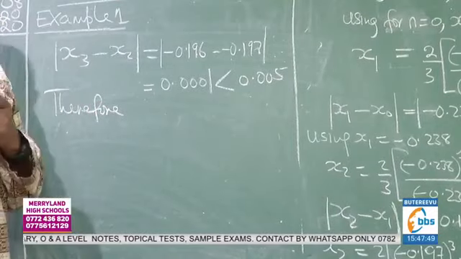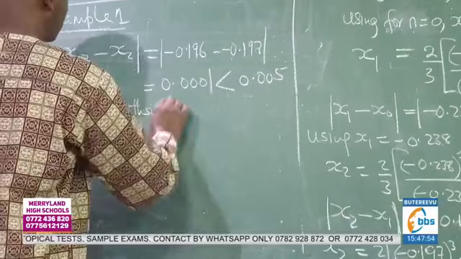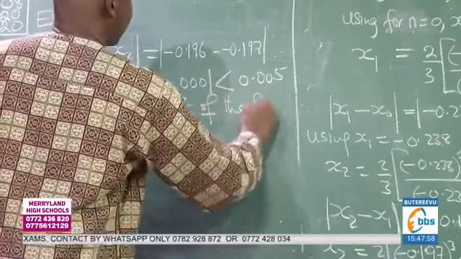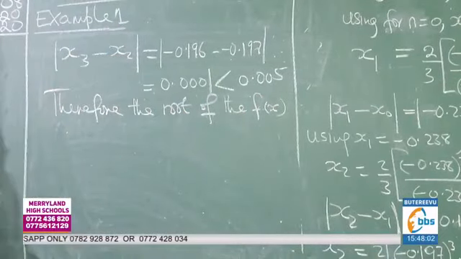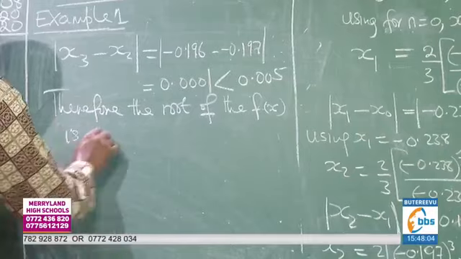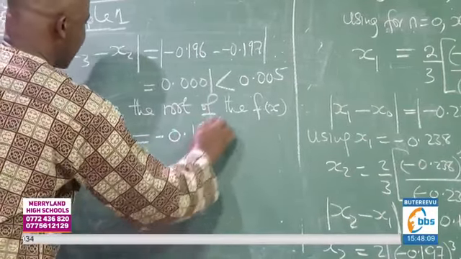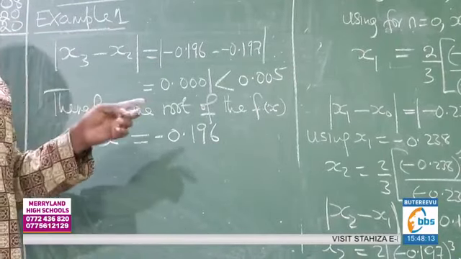We can conclude therefore that the root of the function f of x is x equal to negative 0.196. But remember, they said to 2 decimal places.